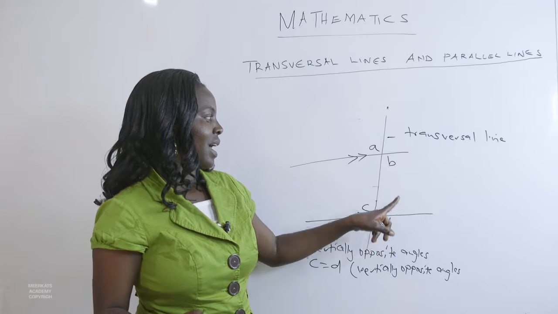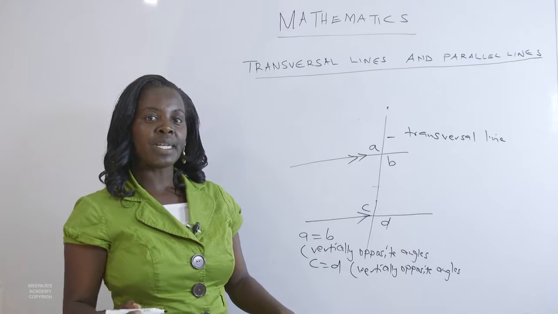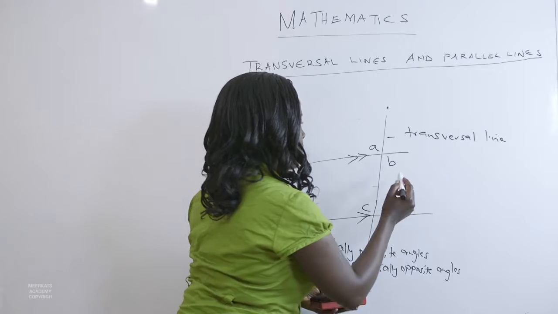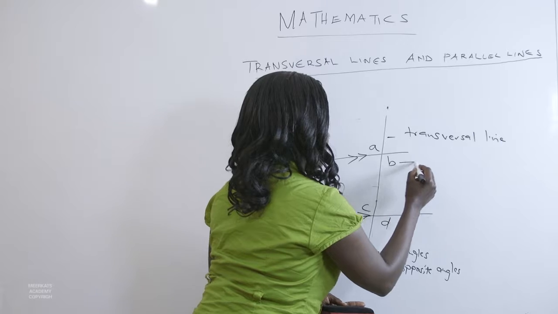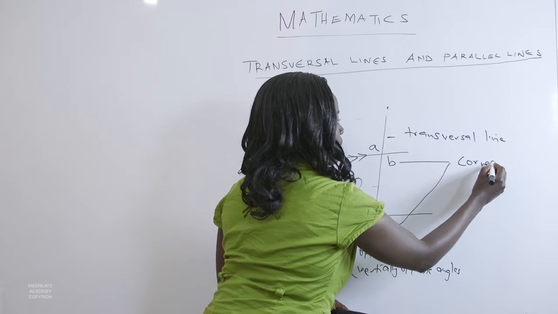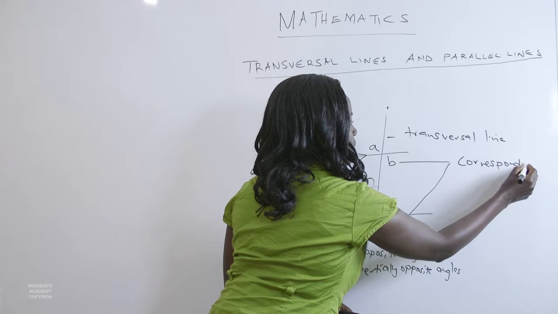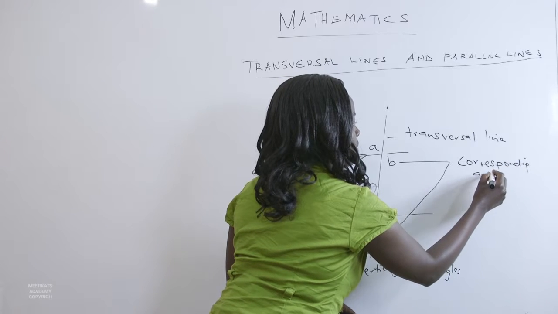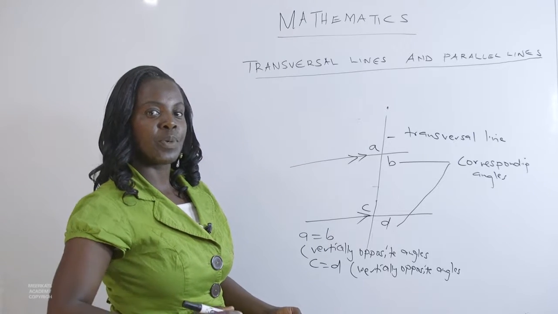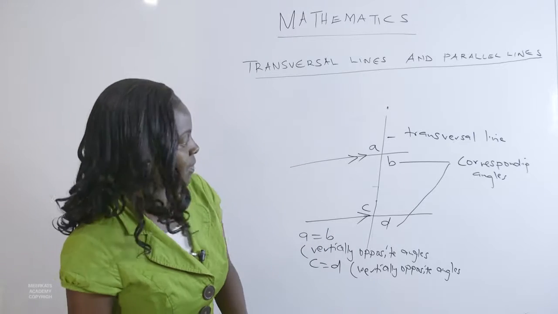These two angles are what we call corresponding angles. We call B and D corresponding angles.